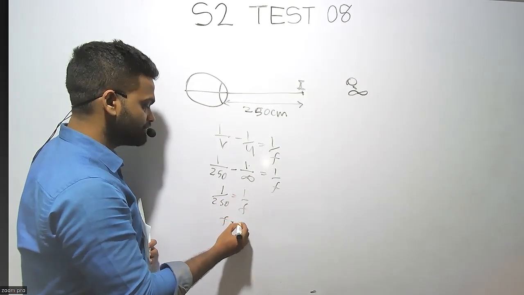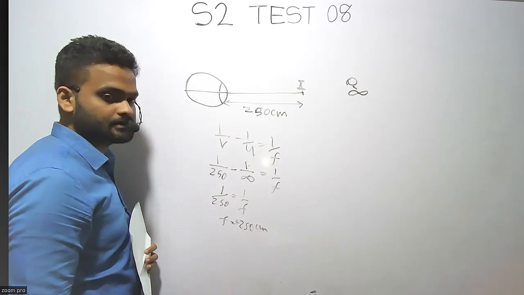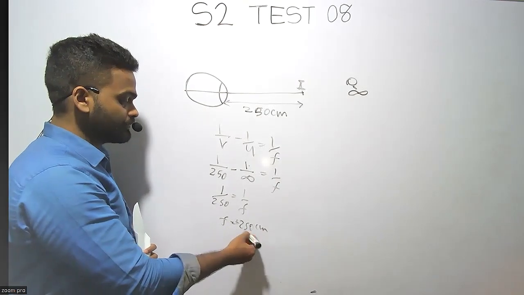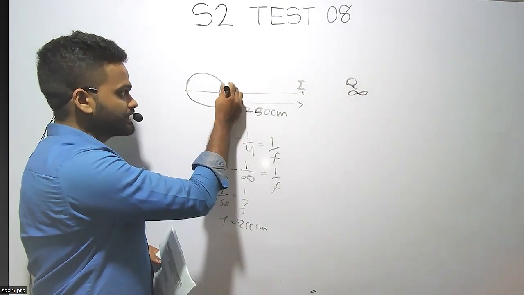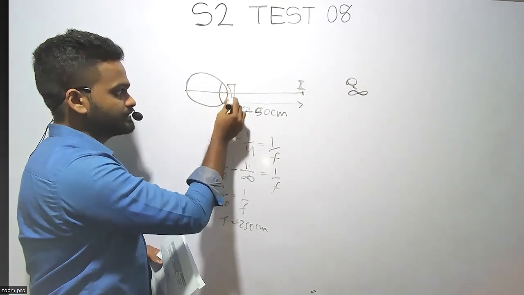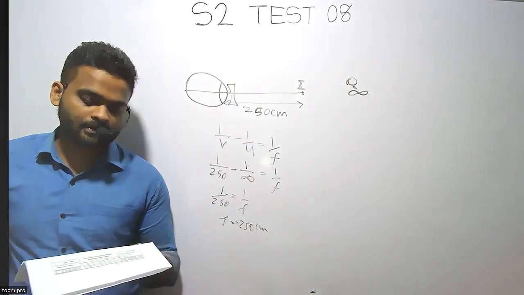So f is equal to 250 centimeters. It's a plus. So when you get a positive value, it should be a concave lens, right? So you need a concave lens in front of the eye like this in order to prevent this defect.